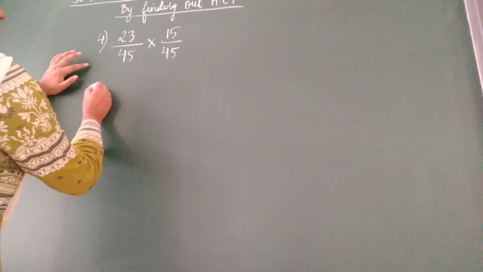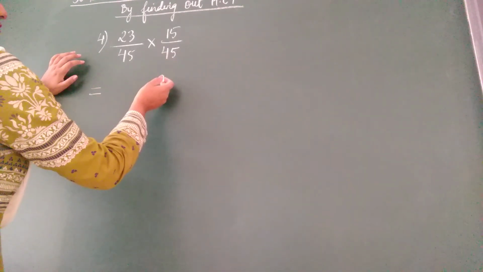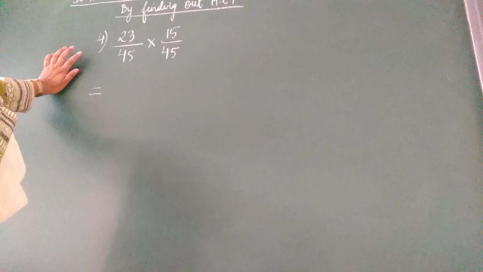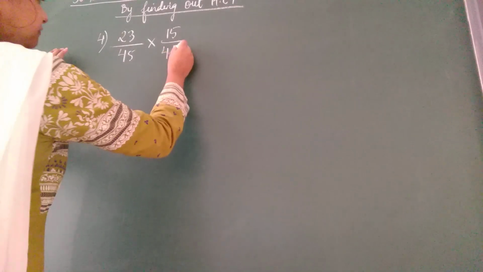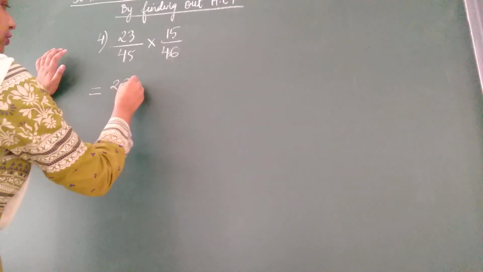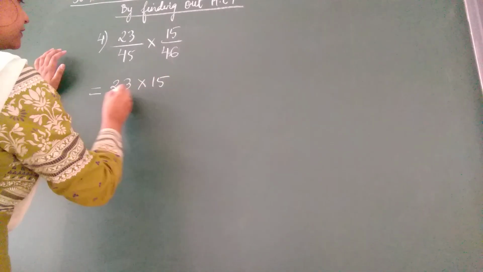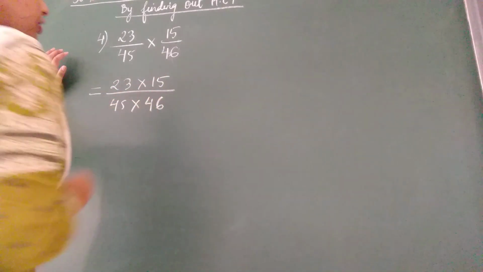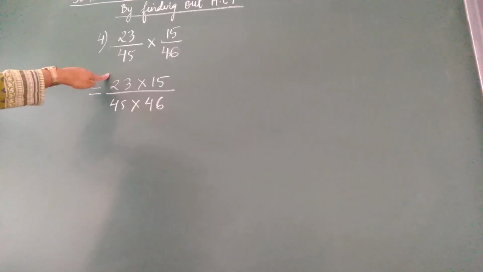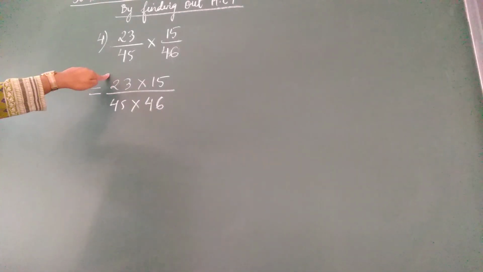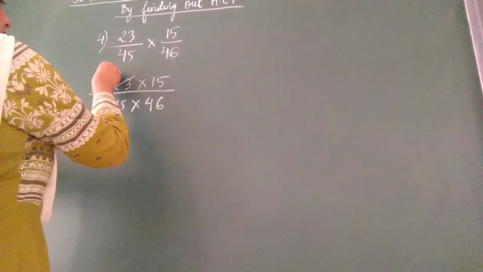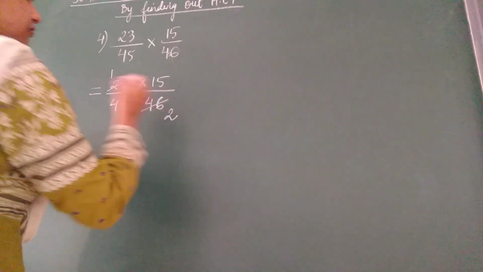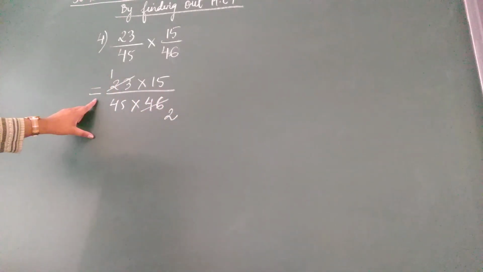Let us do this example now. 23 by 45 and 15 by 46. This is not 45, this is 46. Alright. Now 23 into 15 by 45 into 46. So 46 is divisible by 23. How? 23 ones are 23 and 23 twos are 46.